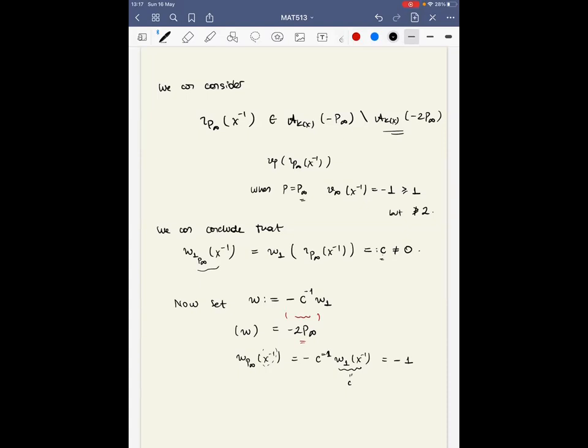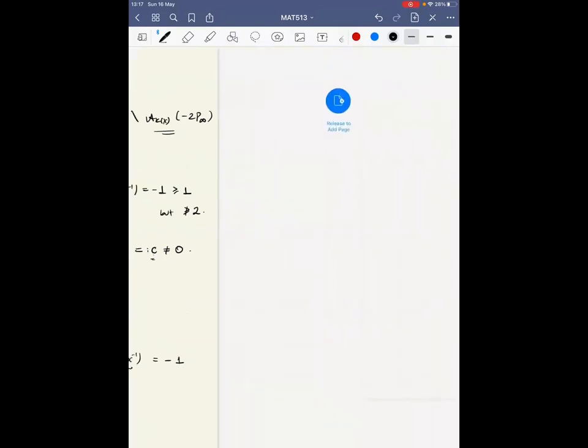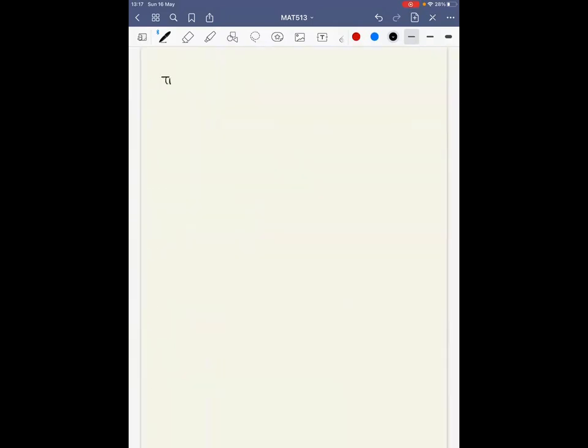And for the uniqueness, let me suppose that omega star is another Weil differential whose divisor is minus 2p infinity and its local component at p infinity is minus 1.